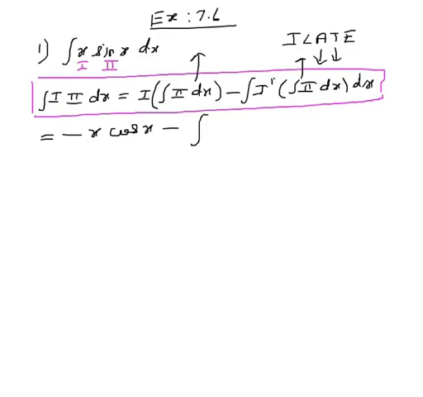Differential of first function is x, differential of x is 1, and integral of the second function, integral of sin x is minus cos x, so plus cos x dx it becomes. I told you we will write these two integrations directly, so we will be left with this integral.